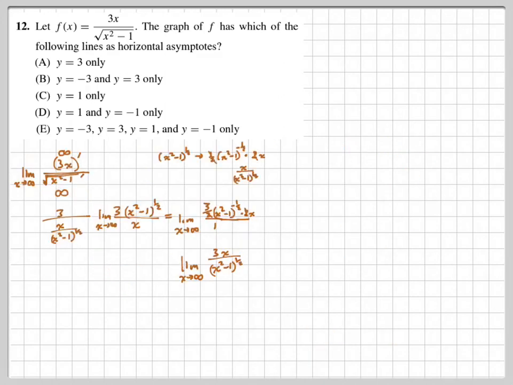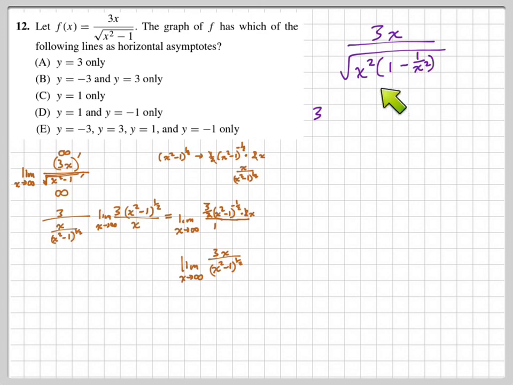Now don't get frustrated if L'Hopital's rule doesn't work. We're just going to have to do this the old-fashioned way. So I'm going to write 3x over the same thing as before, except this time I'm going to take an x squared out of what's inside the square root.